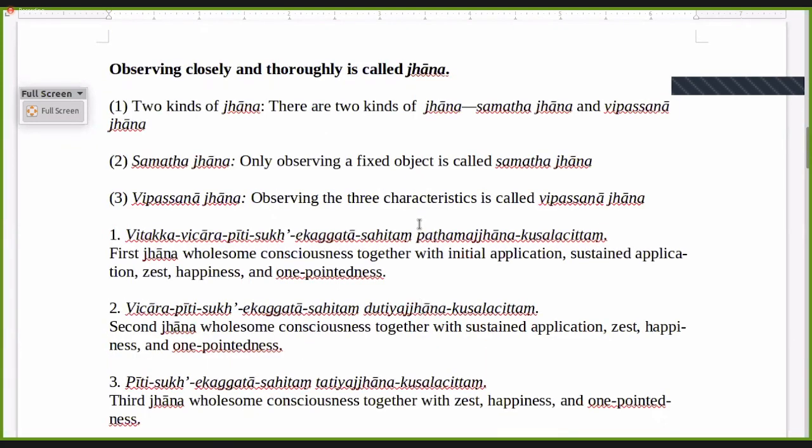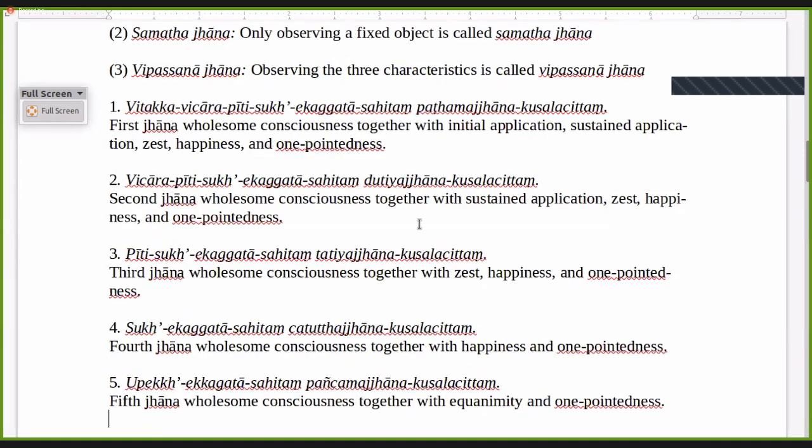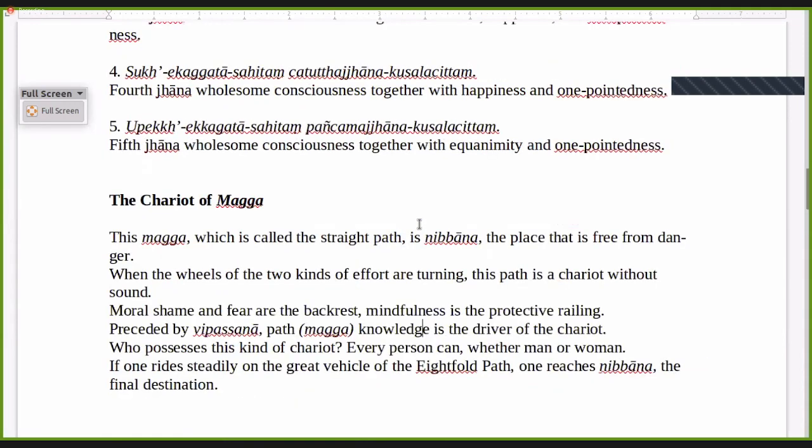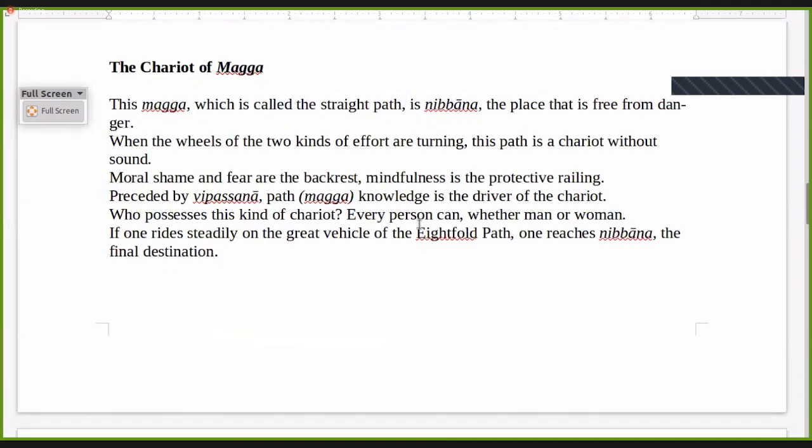Your destination is Nirvana, a very safe zone. There's no rebirth, no sickness, no aging, no death, no danger. Nirvana is a place free from danger. To reach Nirvana, you take the Magga chariot.